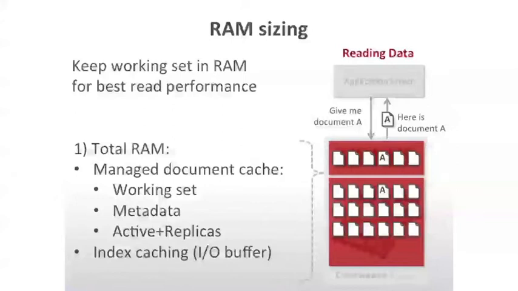Taking a look at these one by one, our focus for RAM is to keep the working set of data in RAM. The working set is going to be your managed cache, your document cache, which is a combination of the metadata, and the fact that you want some active and replica data in cache at the same time.